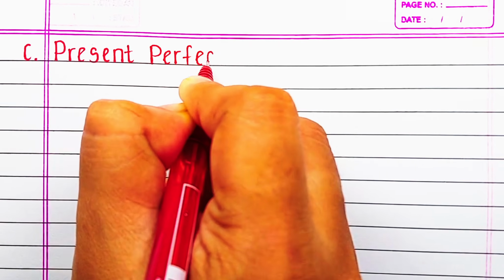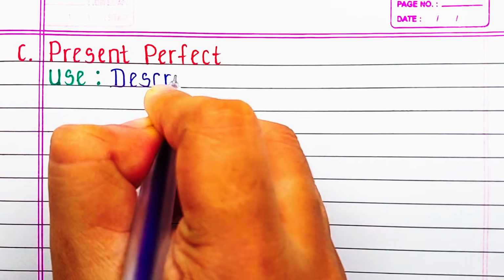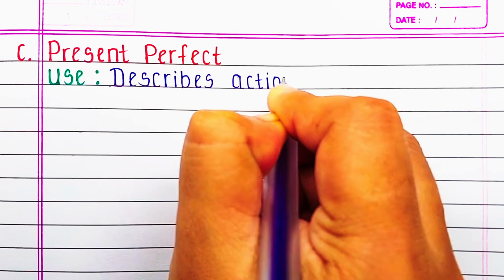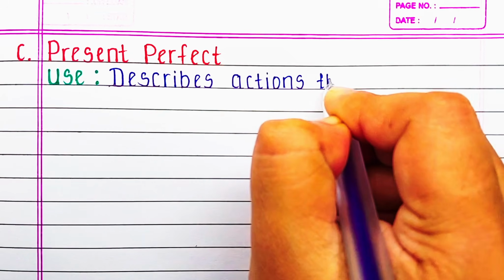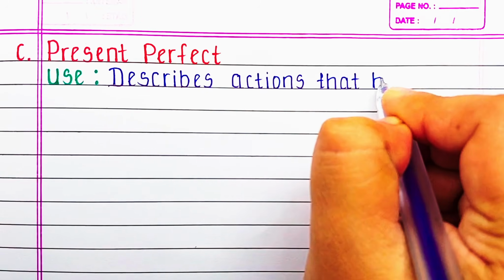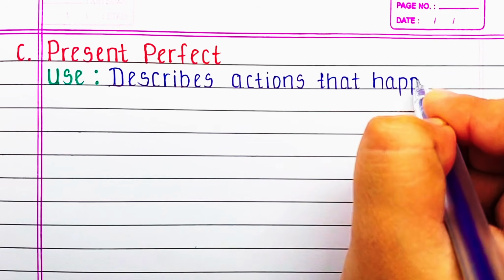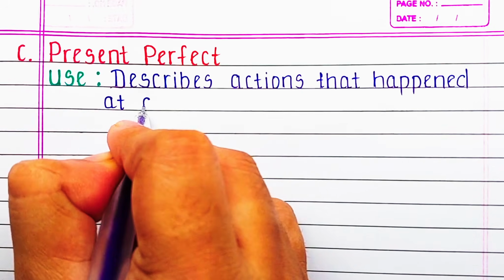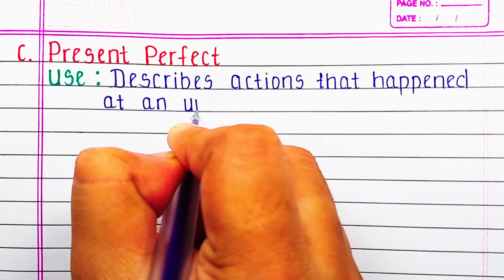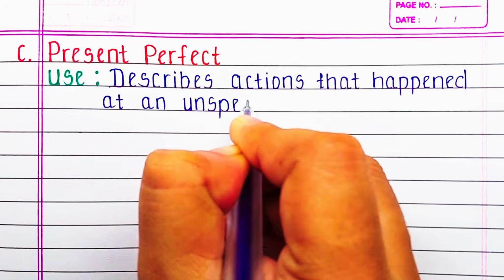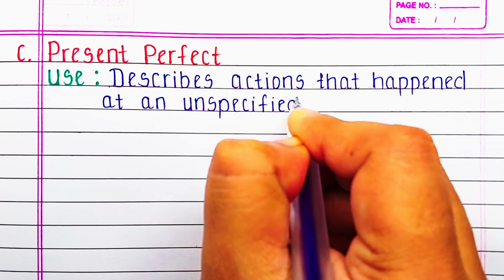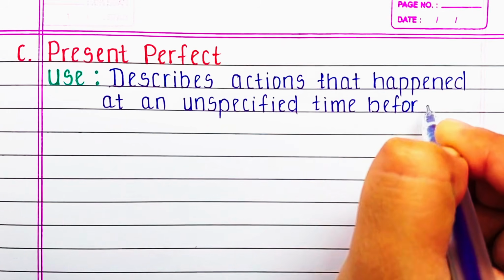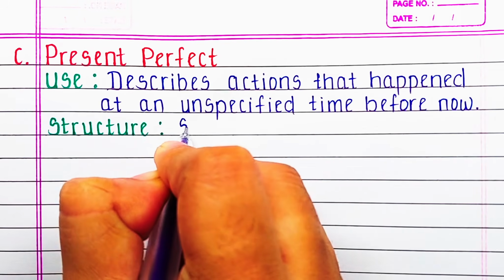Next subtype is present perfect. Present perfect is used to describe actions that happen at an unspecified time before now.